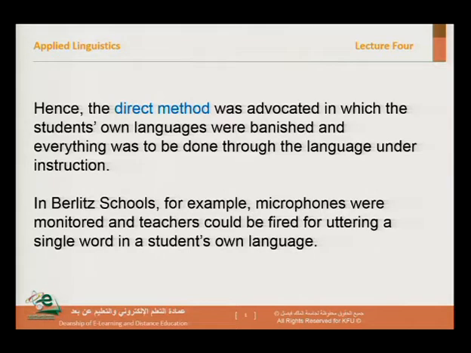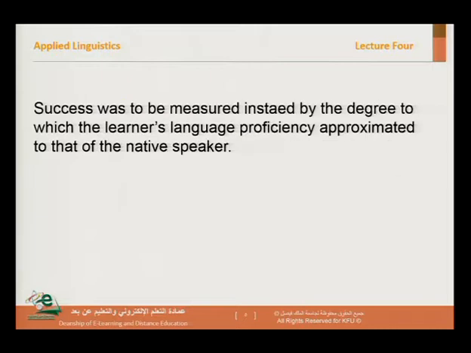Everything was to be done through the language under instruction, in English. Success here was to be measured instead by the degree to which the learner's language proficiency approximated that of the native speaker.